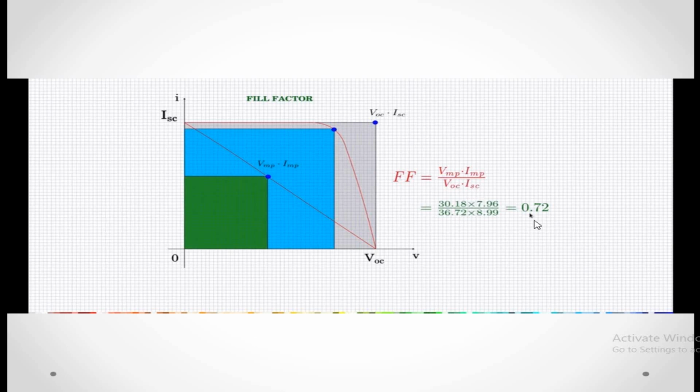The fill factor for the given polycrystalline PV cell is 0.72, that is 72%. So 72% of the theoretical operating region is covered by the practical area. This is about the fill factor of a PV cell.